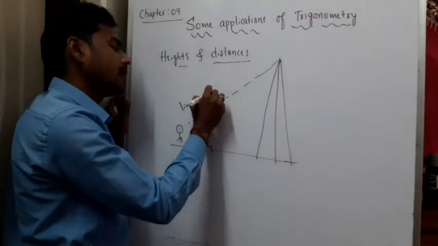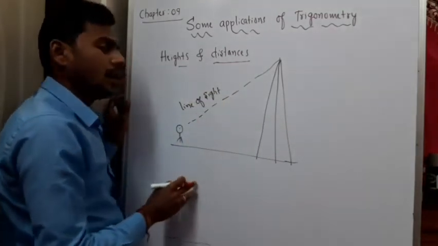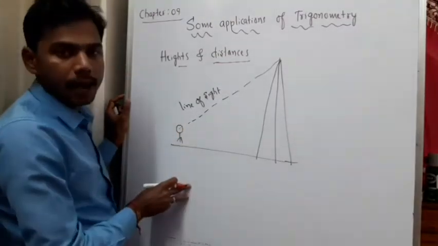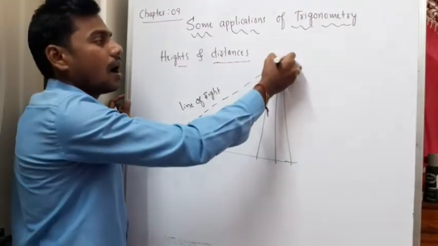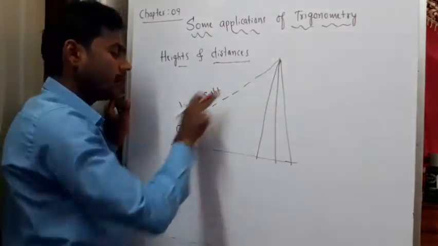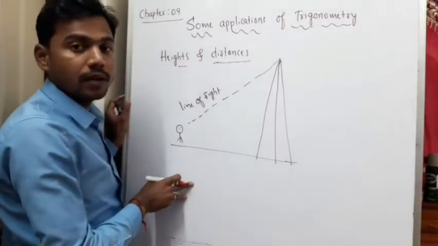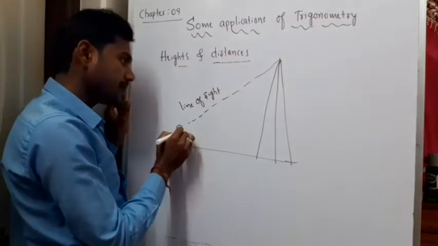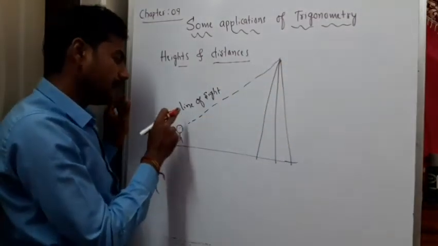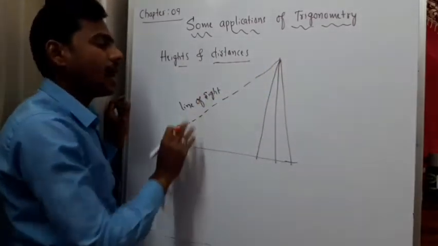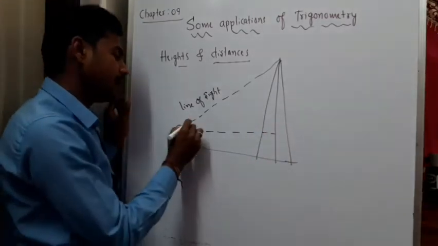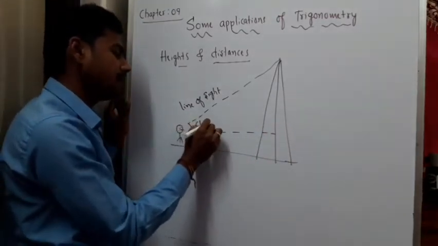Line of sight is the line between the eye of an observer and the point in the object at which the observer is viewing. So this person is viewing the top of the tower. The distance between the eye and this particular point is called the line of sight, and the angle formed by the line of sight is nothing but an angle of elevation in this particular case.